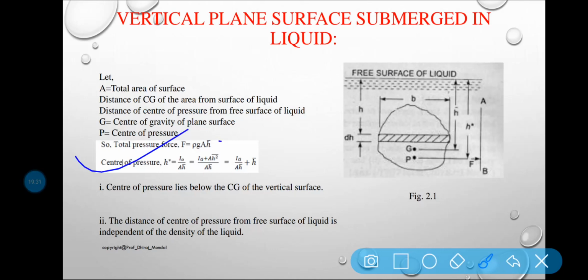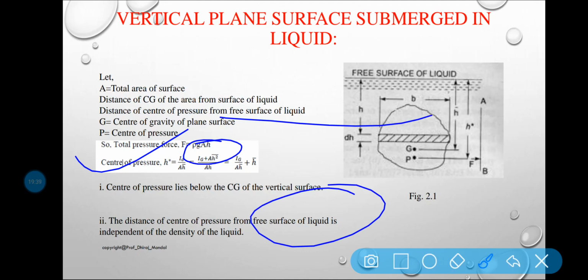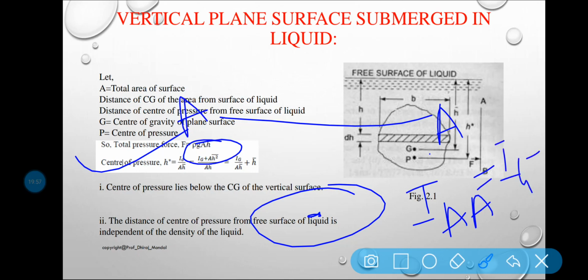Now I naught is equal to Ig plus A H bar square, because if I am applying the parallel axis theorem, then we can say that the moment of inertia of a body with respect to some reference plane is equal to the moment of inertia of that body with respect to its center of gravity plus the multiplication of the area into the perpendicular distance square.